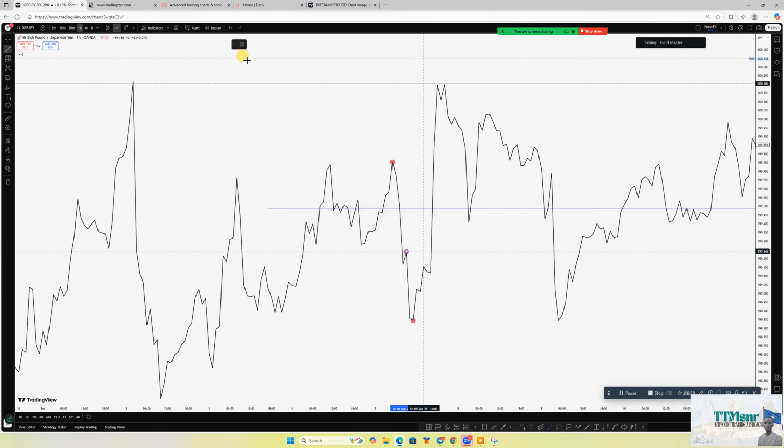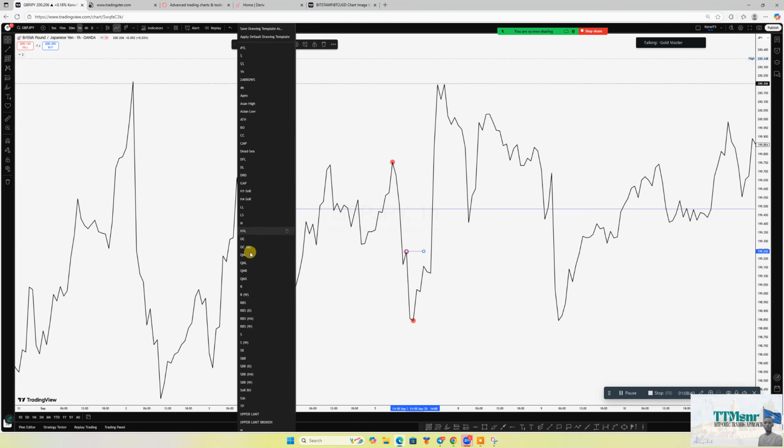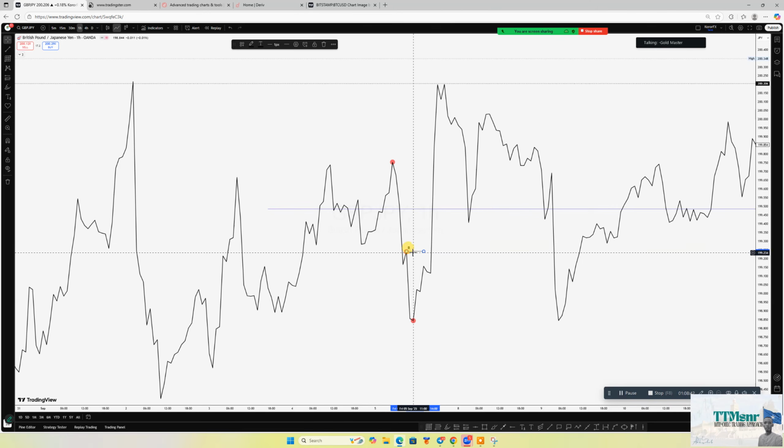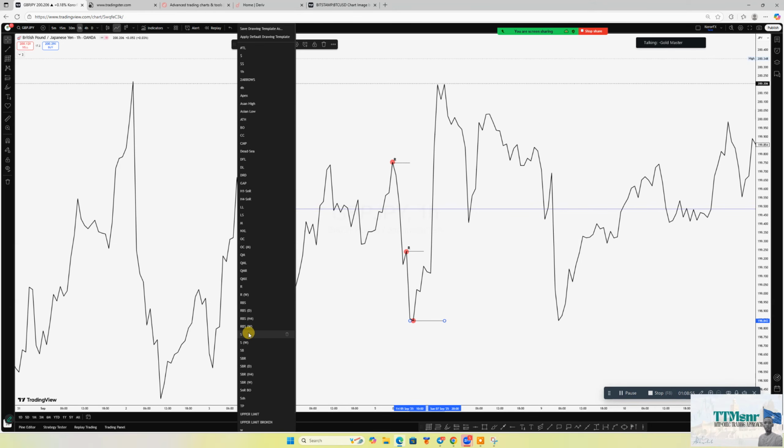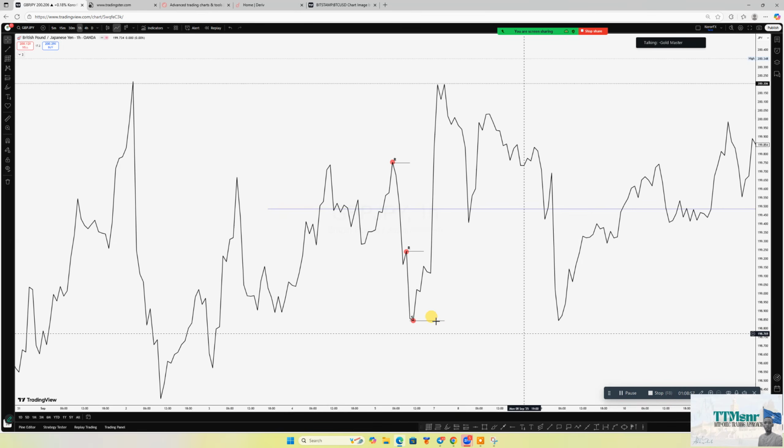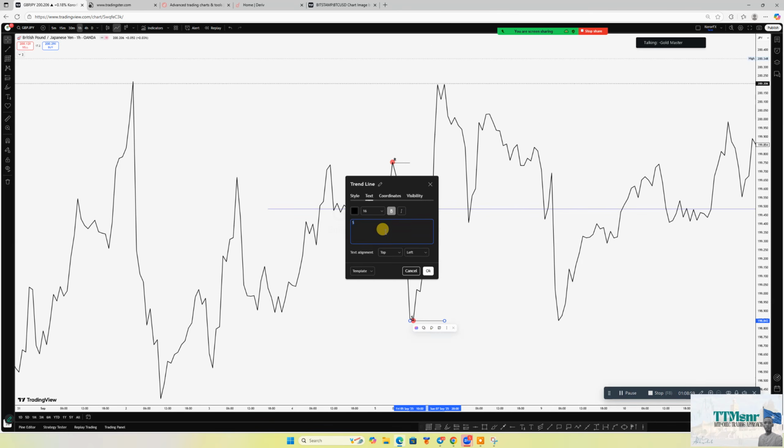You have to understand that we have resistance, all right, another resistance, but which level is breaking? This one. Which one is breaking? This one. So this is a good example anyway.